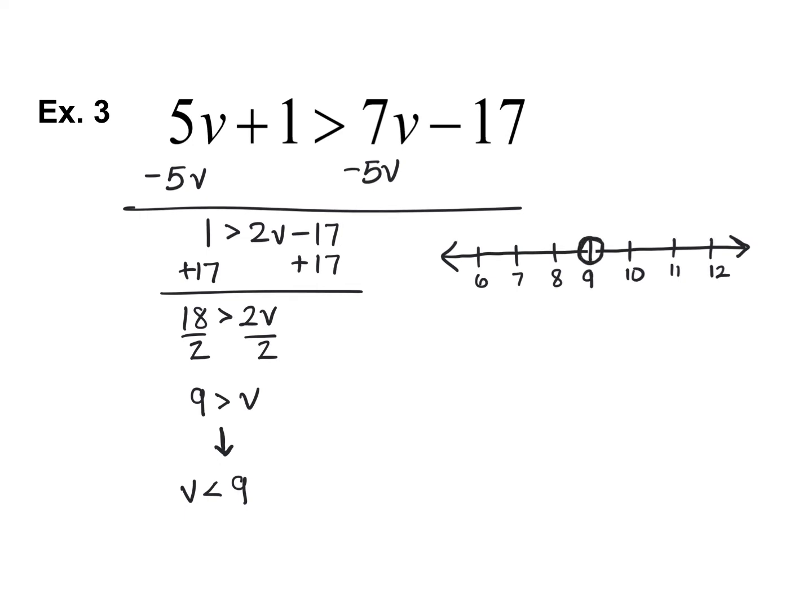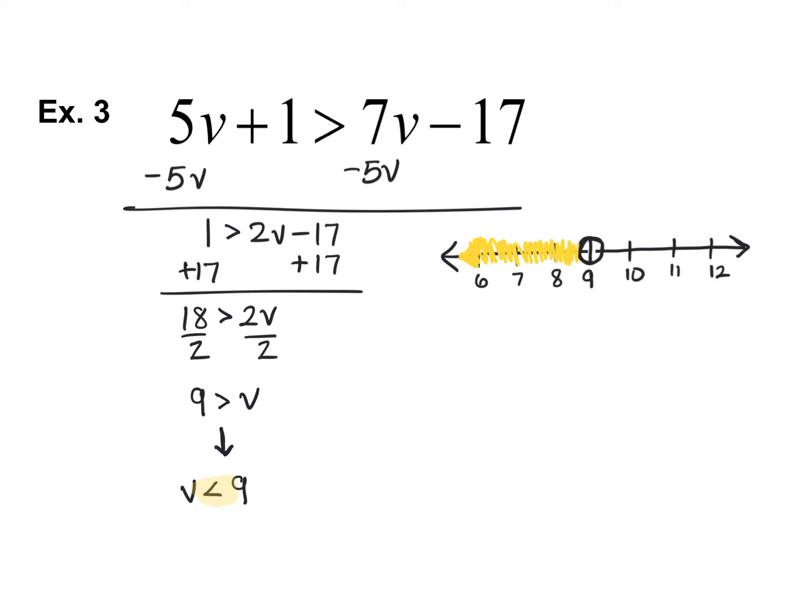In case you're wondering why it's an open circle, it's because it does not include the equal sign as part of my inequality. It says that v is less than 9, and less would be on the left hand side. And the shading continues on forever.